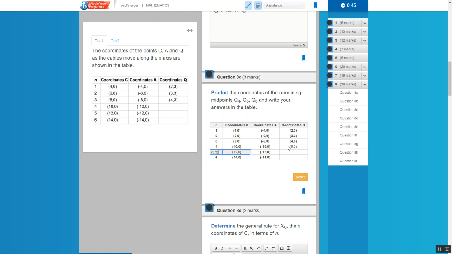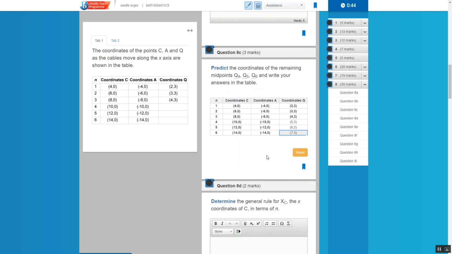It's going to stay the same. 6, 7. Okay, just a nice simple pattern.